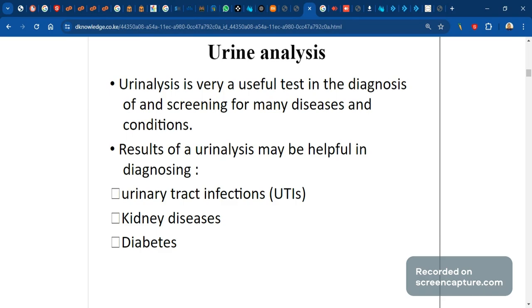Urinalysis is mostly carried out by lab techs, but even a clinical officer who went through the training well can handle this, because they did what we call medical parasitology and laboratory techniques. When you get to the lab, you have your microscope, you prepare a urine sample, either in a container or on a slide.